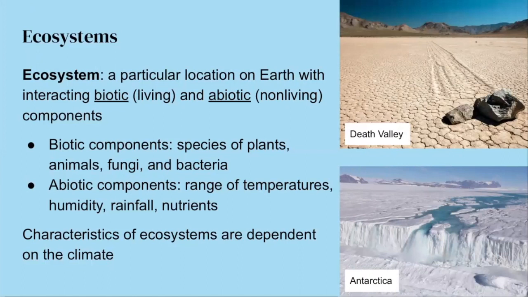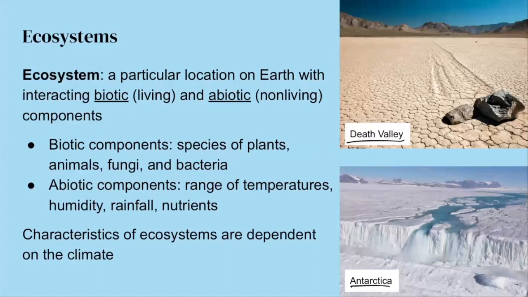And the characteristics of these different ecosystems are dependent on the climate. So again, the climate is the average weather that an area experiences over time, average temperature, average precipitation. So these two examples, Death Valley up here on the top and Antarctica, these are two very different ecosystems, and they are going to support different living things. So we have different abiotic components. In Death Valley, it's super hot and it's not very humid.